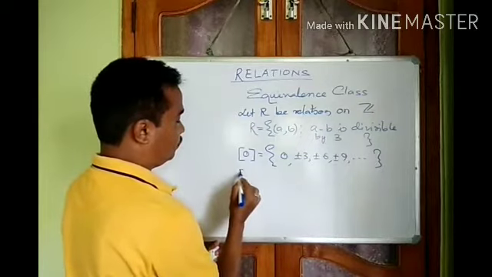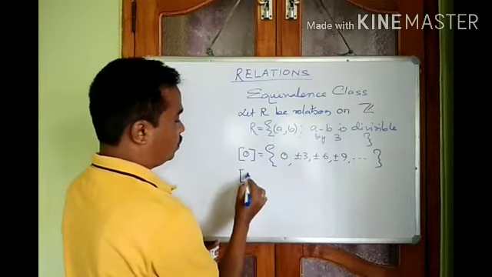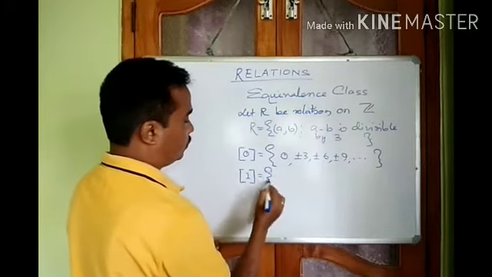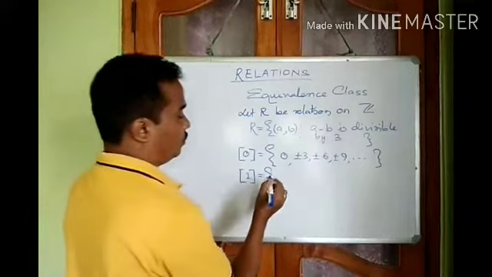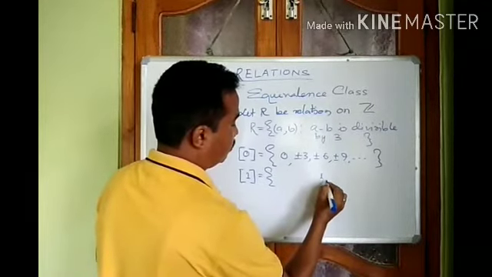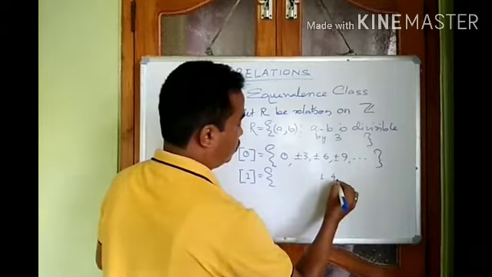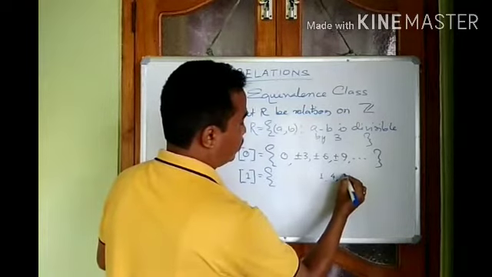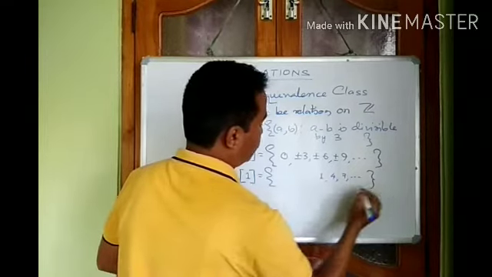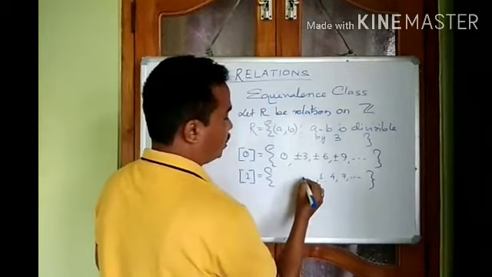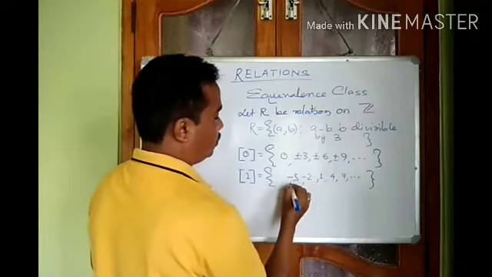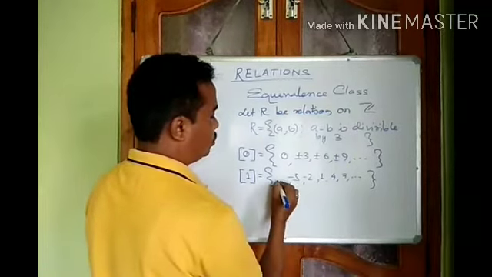Next, 1. 1 plus 3 is 4, 4 plus 3 is 7, and on this side 1 minus 3 is minus 2, minus 2 minus 3 is minus 5, and so on.